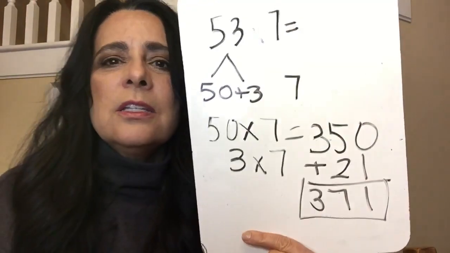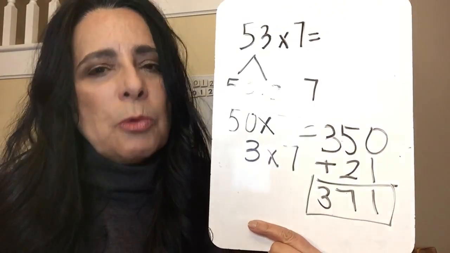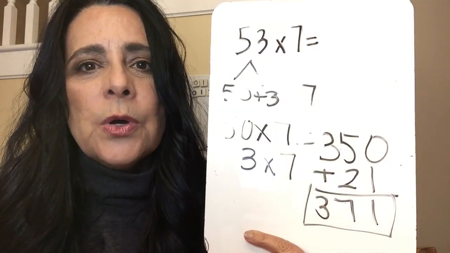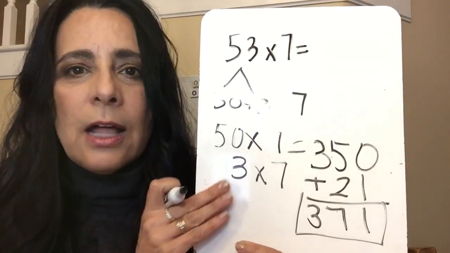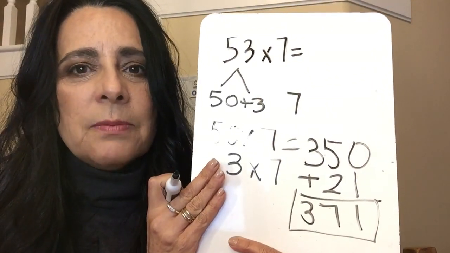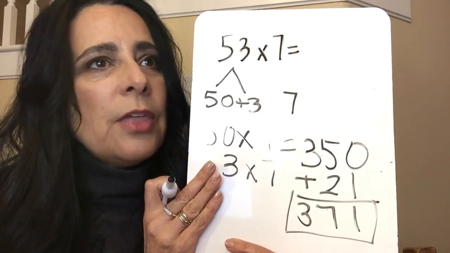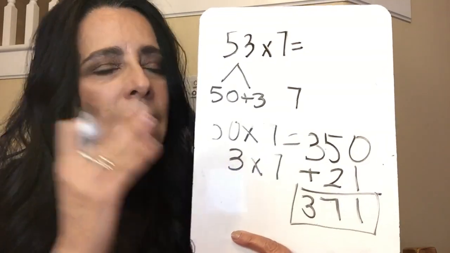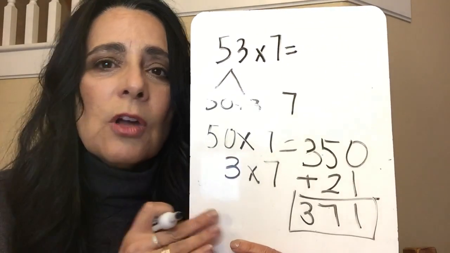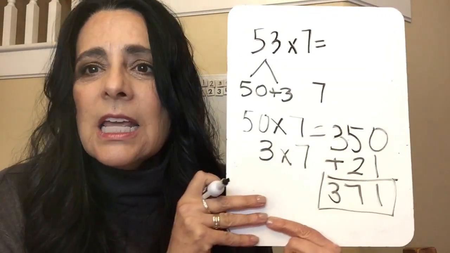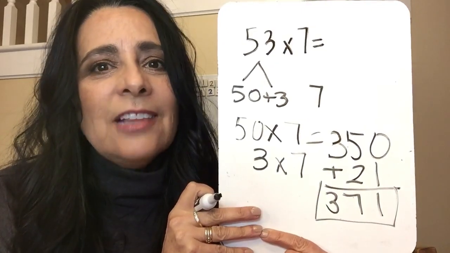And I was just so surprised at how few mistakes they made with this method. Whereas with the standard algorithm, I find that students make mistakes all the time. Where do they put the number that they rename? Straight up, diagonal. My students always seem to struggle with that. But with this method, they didn't. They loved it.